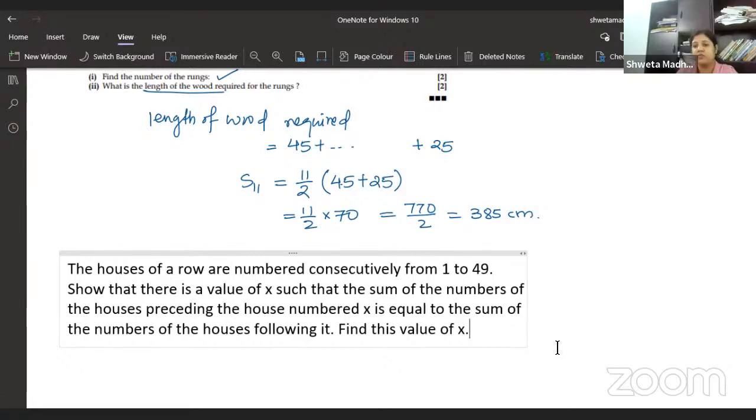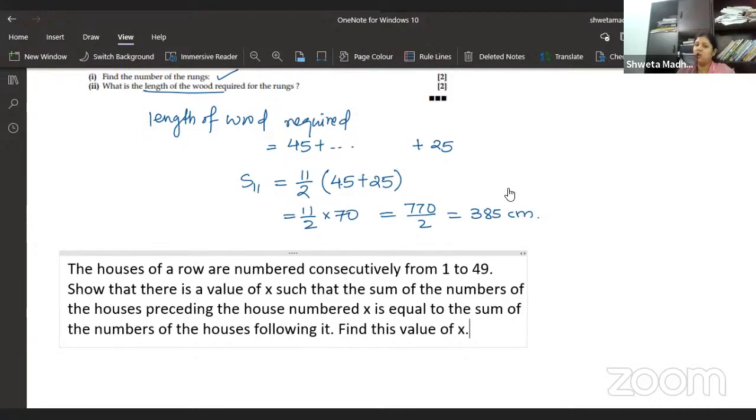Just try to understand the question. The houses of a row are numbered consecutively from 1 to 49. 1, 2, 3, 4, 5, 6 consecutively till 49. Show that there is a value of x such that the sum of the numbers of the houses preceding the house numbered x is equal to the sum of the numbers of the houses following it.